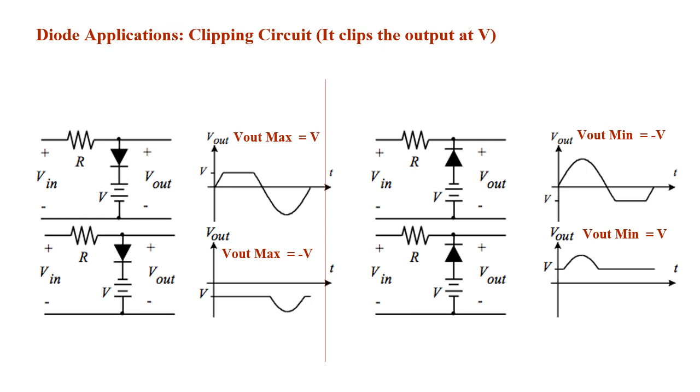There are further applications of the diodes. The next one is the clipping circuit, also known as the clipper. The reason why it's called the clipper is because it clips the output at a certain voltage. You have a combination of 4 circuits, but they're all similar if you notice.